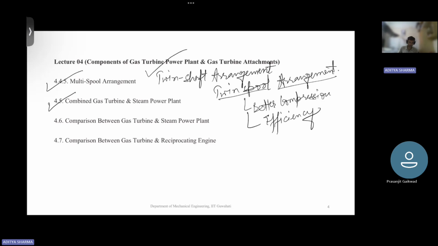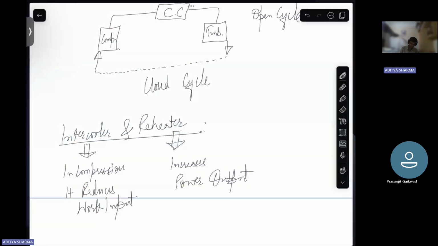Next is the combined gas turbine power plant. So what is a combined gas turbine and steam power plant?